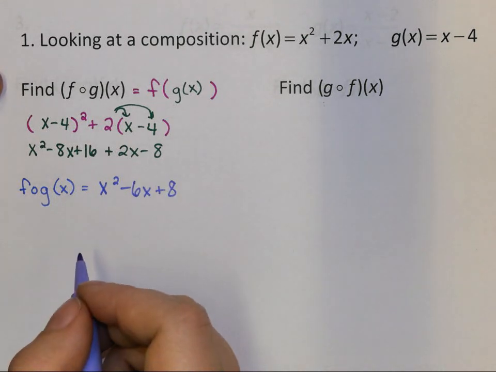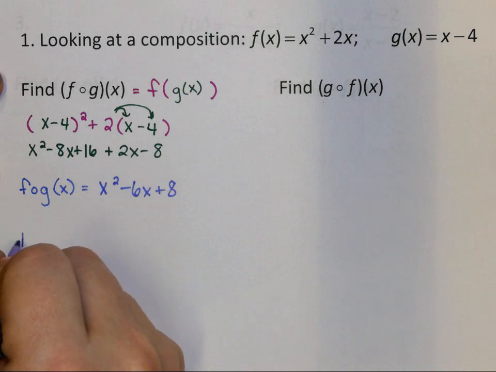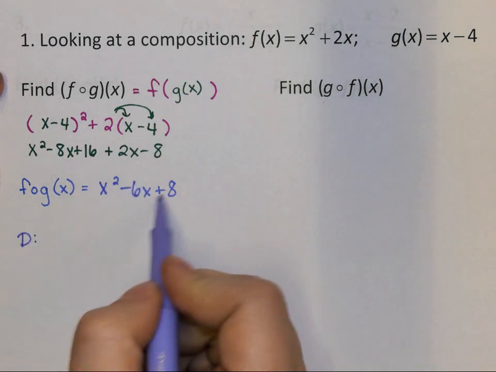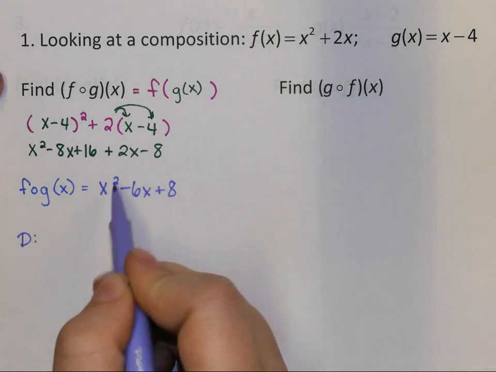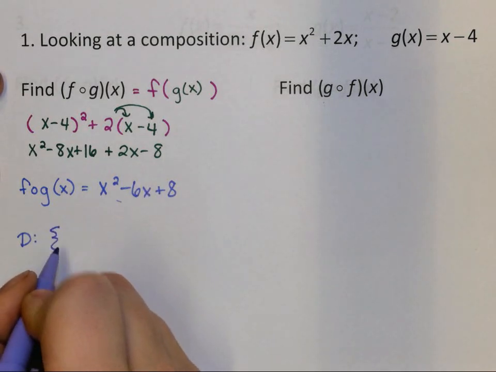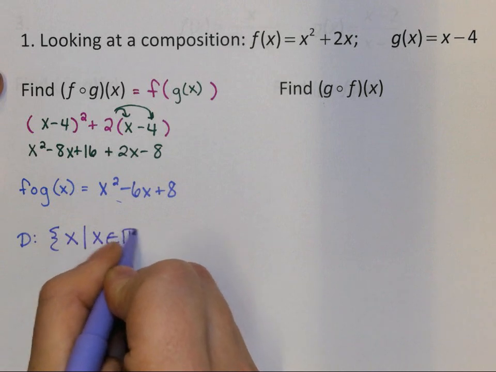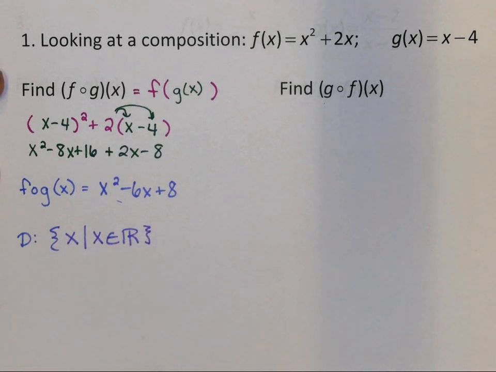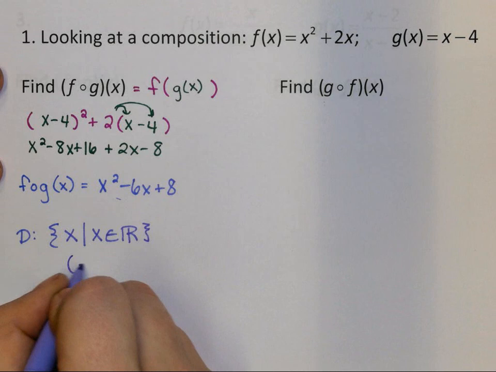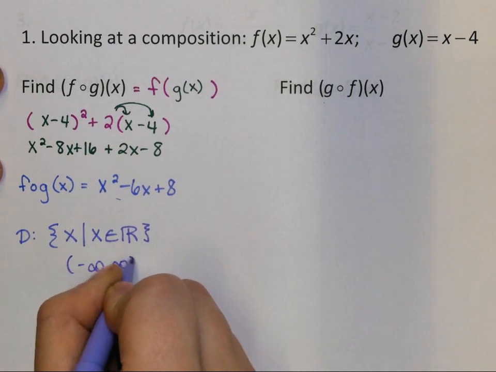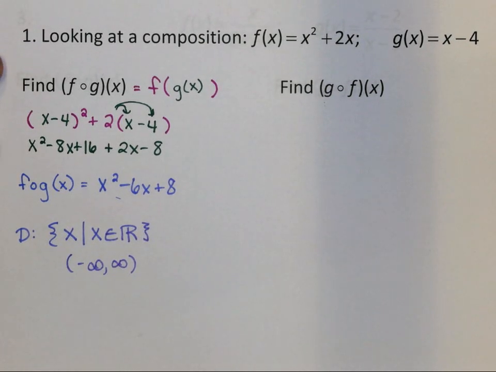Now, if I want to talk about the domain of this, which I do, what are my restrictions for this? None. So what's my domain? All reals. So either from negative infinity, comma infinity in parentheses, or in set notation, whichever one you like.